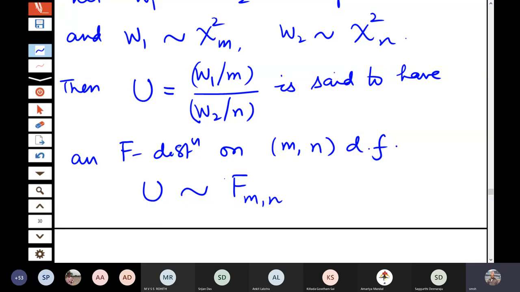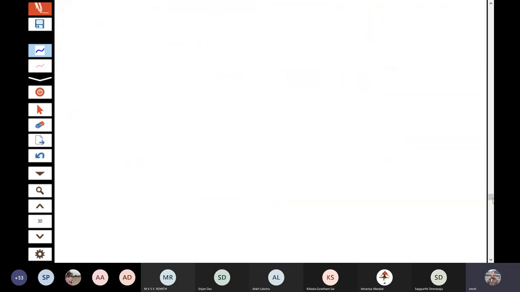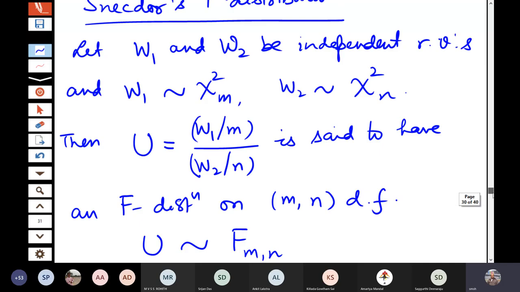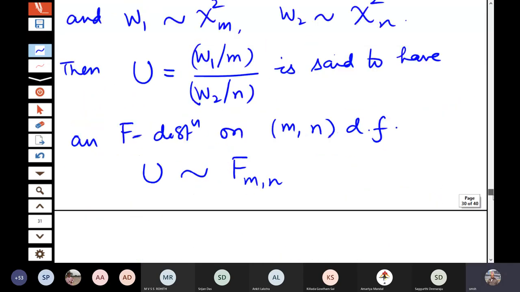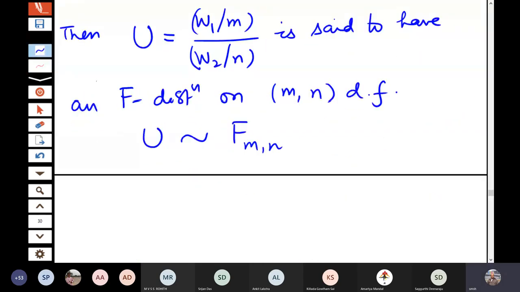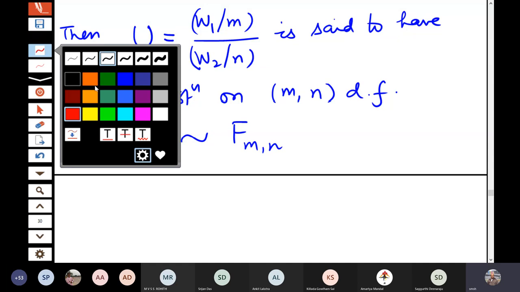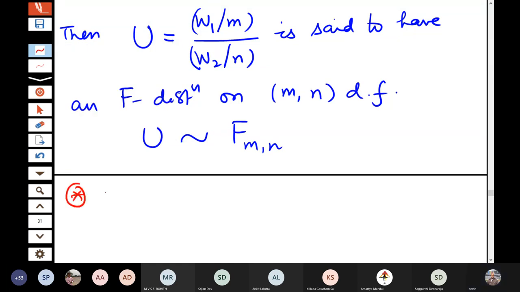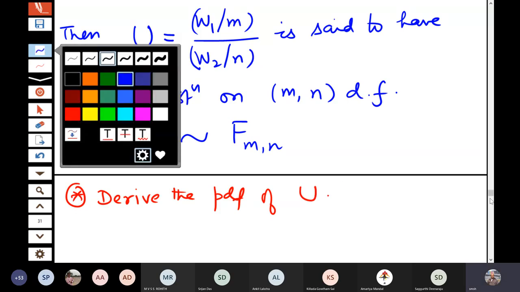And then you find the joint distribution and integrate out V. So you will get the marginal distribution of U. So I leave it as an exercise to you. Okay, so I leave it to you to do it.